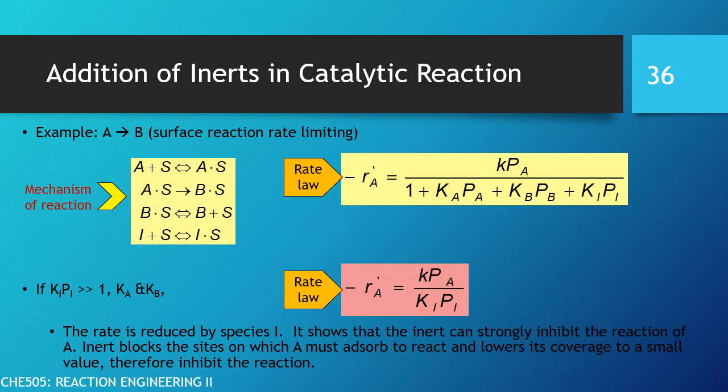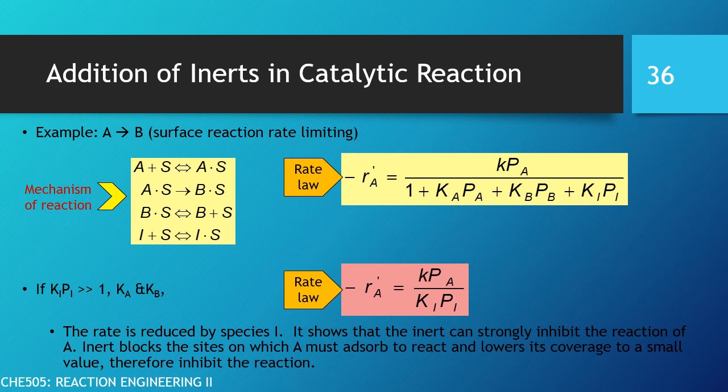So how do we simplify the equation if given another assumption? In this example, if K_I P_I is larger than 1 and also larger than K_A P_A and K_B P_B. In this case, the concentration of inerts used in the reaction is too large, so the concentration of inerts is too high.